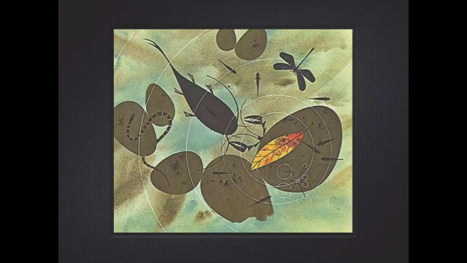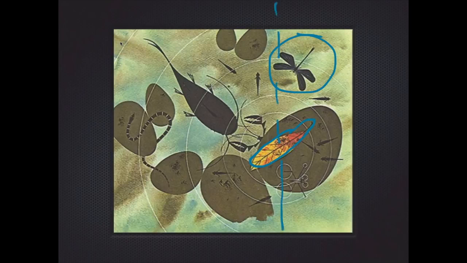We have some objects that are floating or flying above. The dragonfly up here is the highest object. It's flying above. As we come down, we get to the leaf, which is, again, really nicely at the rule of thirds. Notice it falls nicely there. But we get the leaf, and that is on the surface of the water.